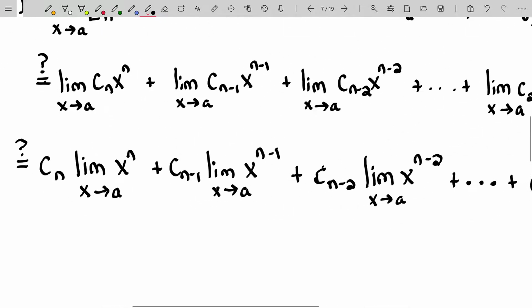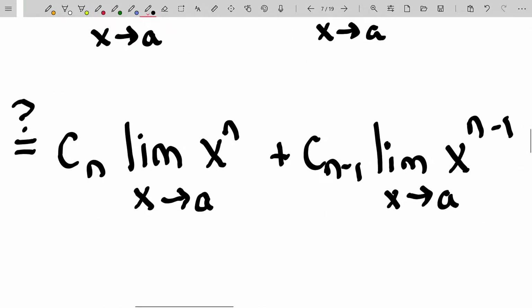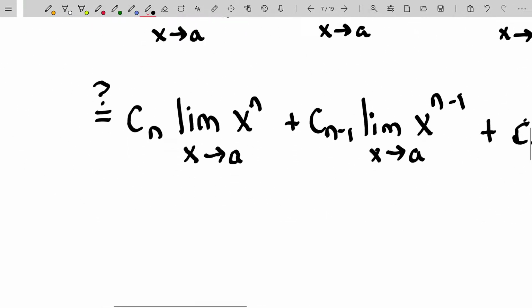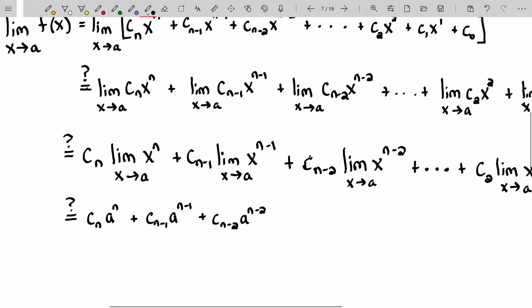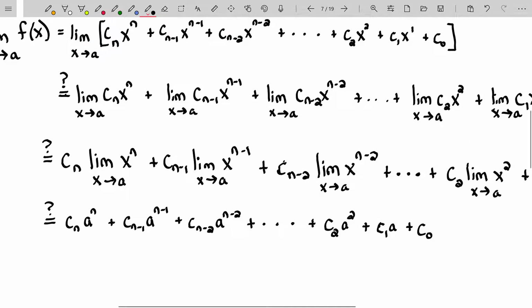And then finally, I get to use the limit of a power function limit law. So let me again just say, I don't know if this is going to equal this. Let's see what happens. This is c sub n, a to the nth, plus c sub n minus 1, and so on and so forth down the line. You get down to there and you say to yourself, well, what the heck does that mean?